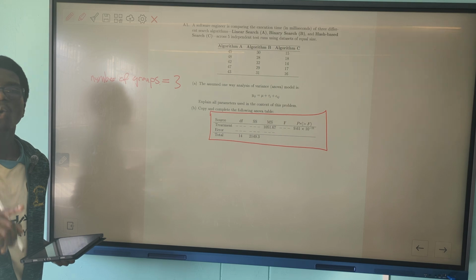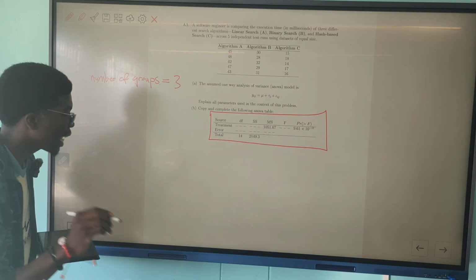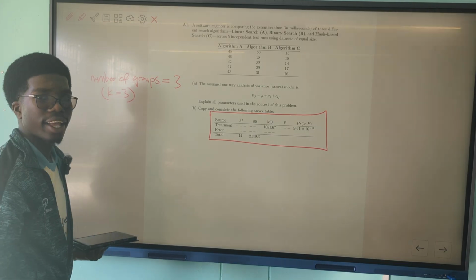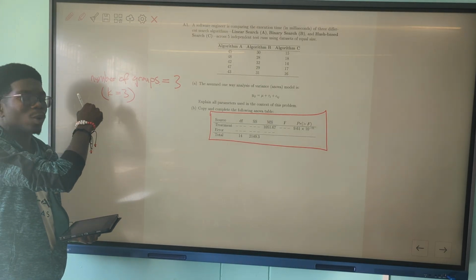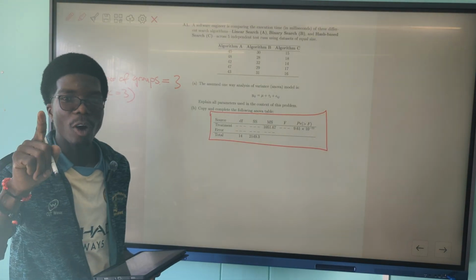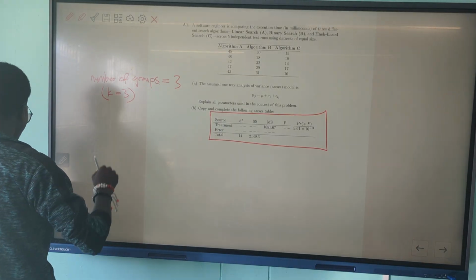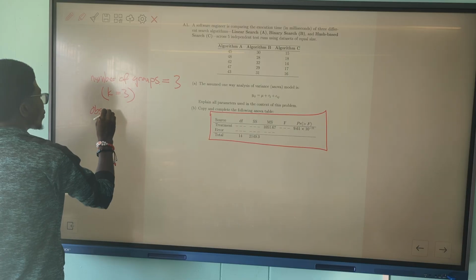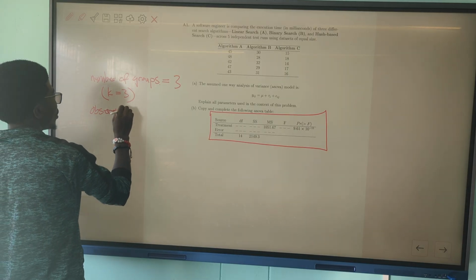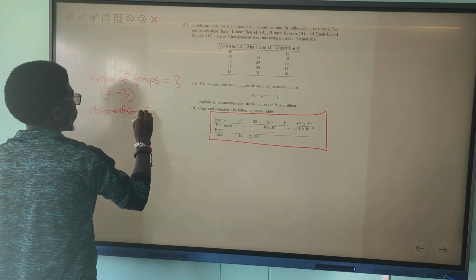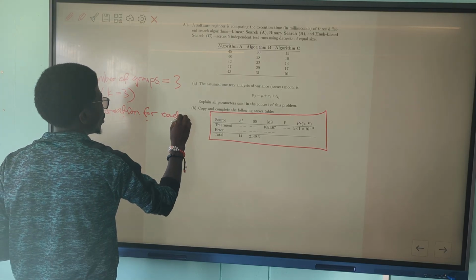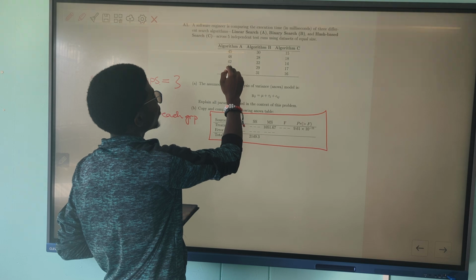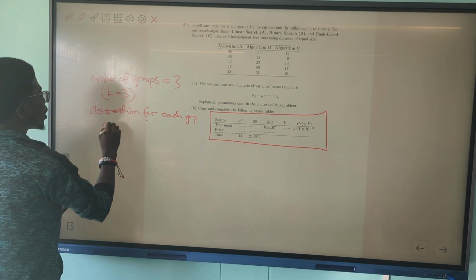This is denoted by K. Number 2, we have observations for each group. How many observations for each group? 1, 2, 3, 4, 5. Therefore, n is equals to 5.